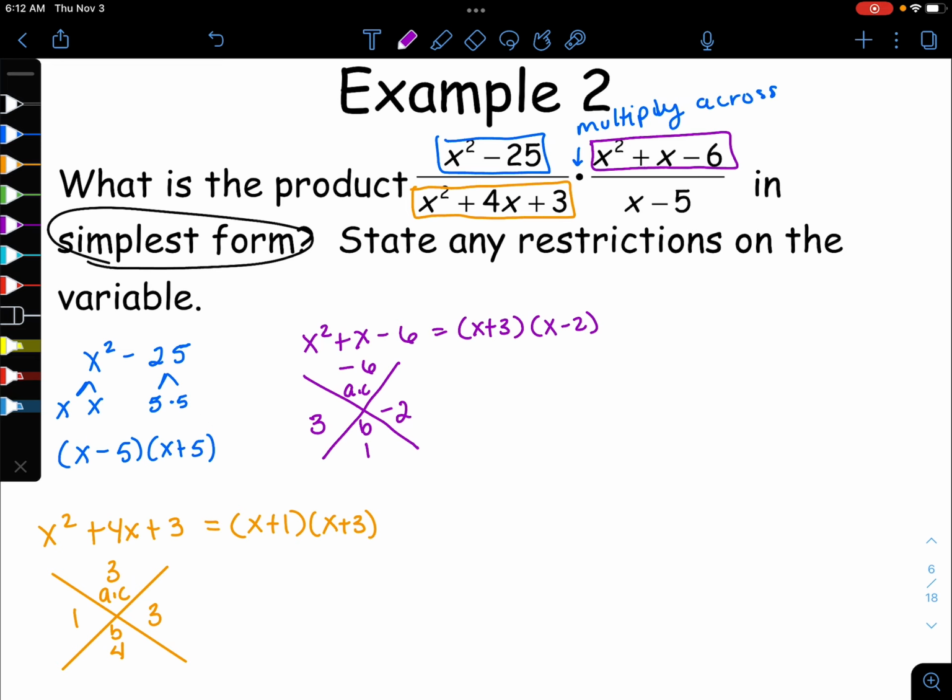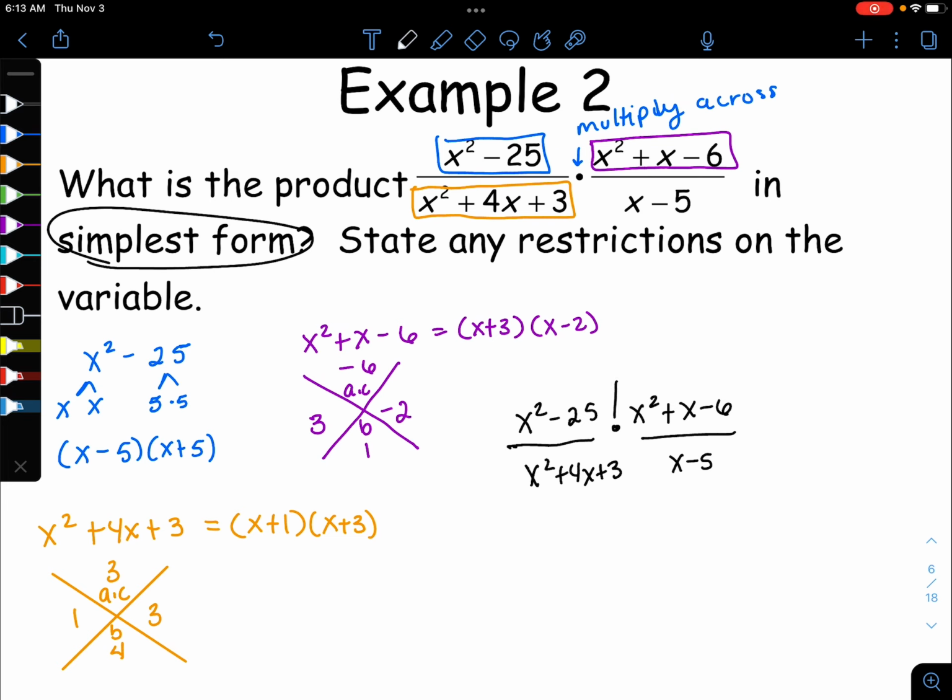Okay, and the last one, x minus 5, it doesn't have a square or a cube, so I'm going to leave it alone. And now I rewrite my whole expression. So it's going to be x squared minus 25 times x squared plus x minus 6 over x squared plus 4x plus 3 times x minus 5.